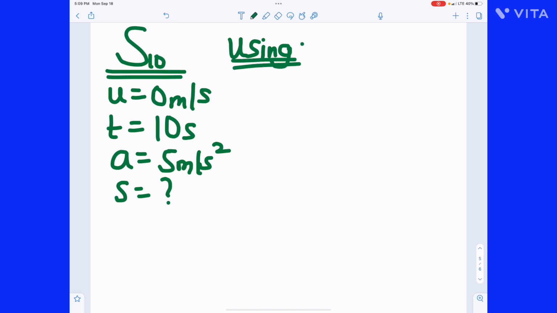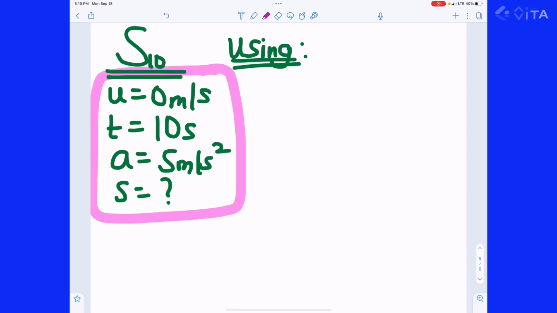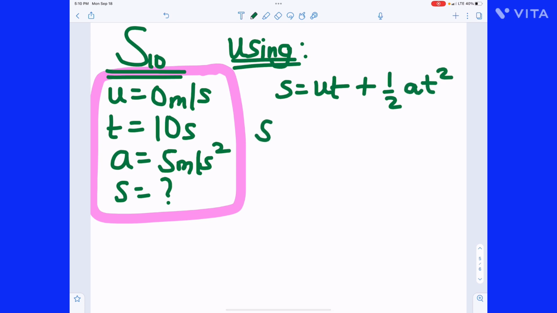What equation of motion connects S, U, A, and T? It is S is equal to UT plus half AT squared. This will give us the distance traveled for 10 seconds. That's 0 times 10 plus half times 5 times 10 squared.